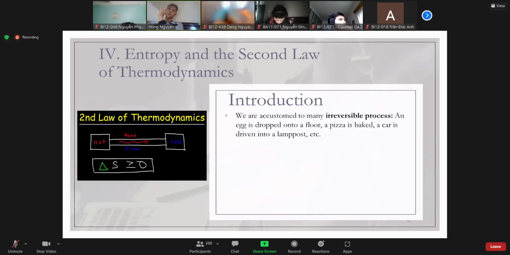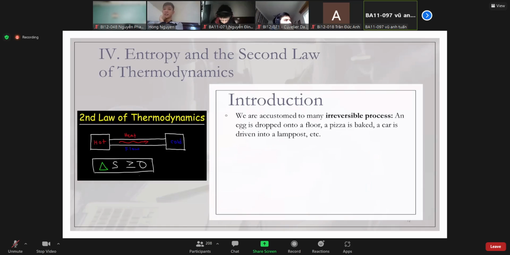So in the previous part, we saw a lot of reversible processes, right? For example, a gas. For the initial state of the gas, we can define the temperature, the volume, and the pressure of the gas.